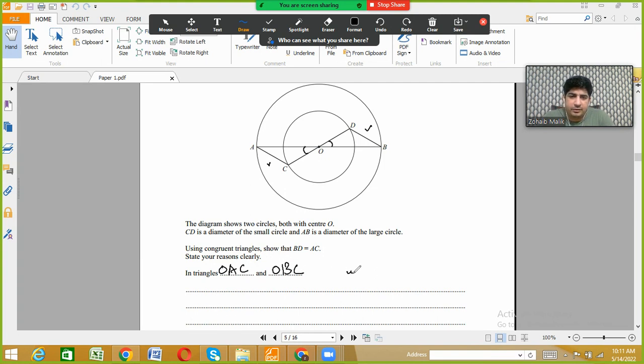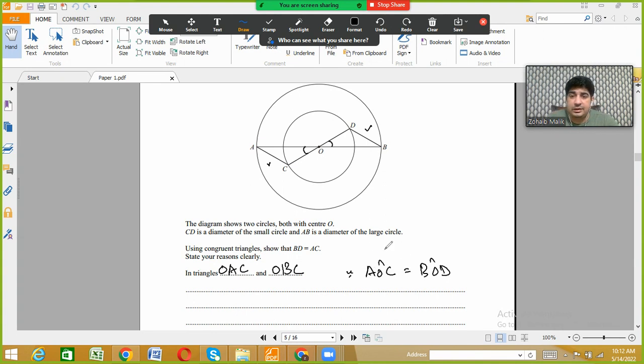So first of all, we can write because AOC is equal to BOD. You have to be very careful while writing the alphabet order because this is OAC. The right order is now OBD. The order should be the same, otherwise the marks will be deducted.